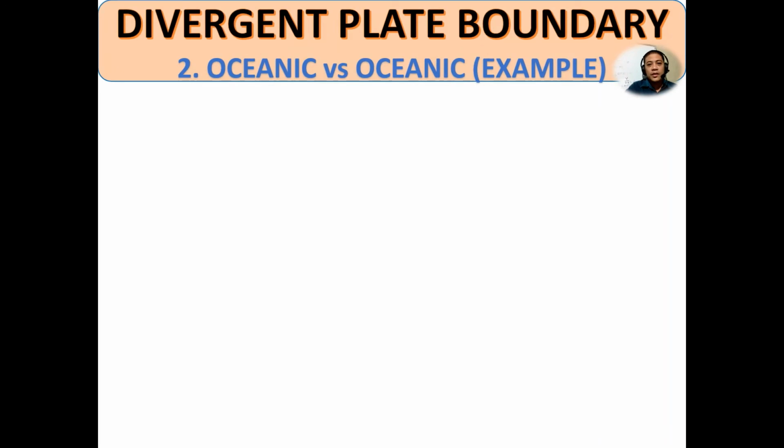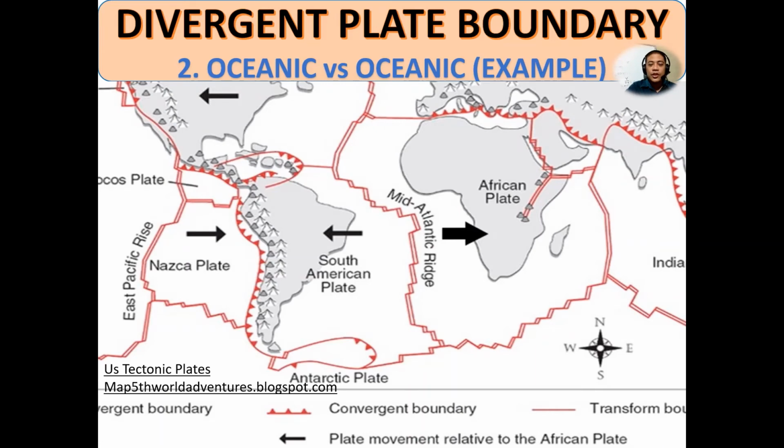An example of oceanic divergent plate boundary is the Mid-Atlantic Ridge, located along the ocean floor of the Atlantic Ocean.